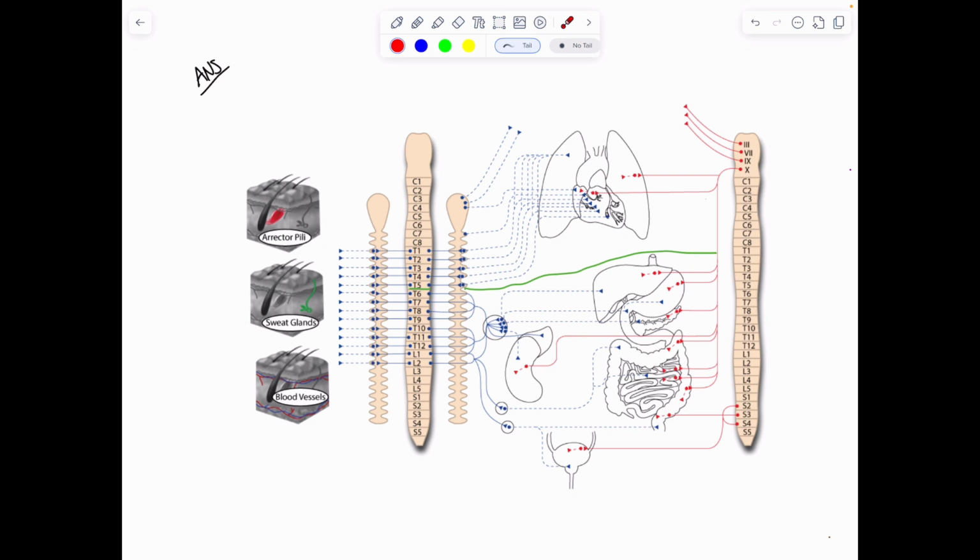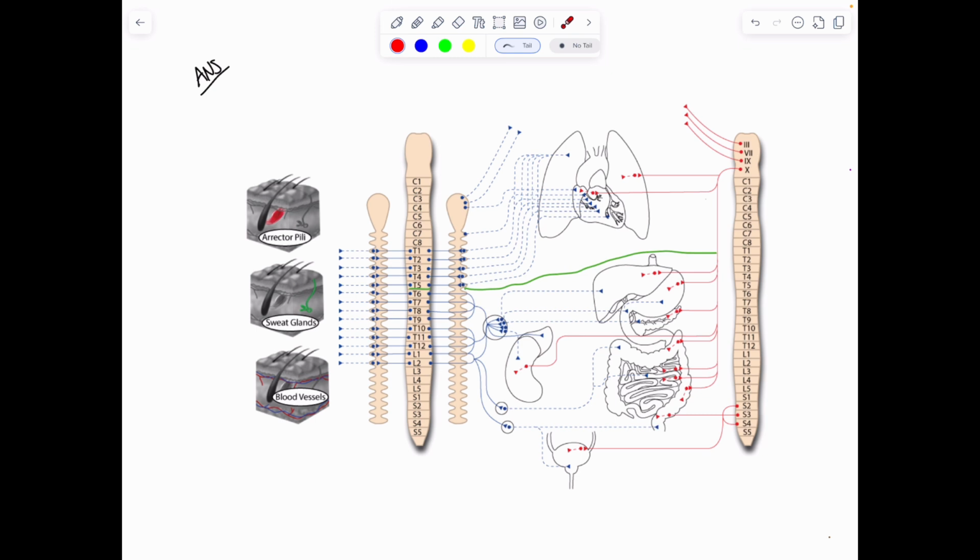And the difference between the dashed line and the solid line is the solid line has myelin around its neuron, and these dashed lines do not. And so to go back to what we were talking about with the ganglia, so this is the collateral ganglia, which has the splanchnic nerves, and then the adrenal medulla. And that is for the sympathetic nervous system.